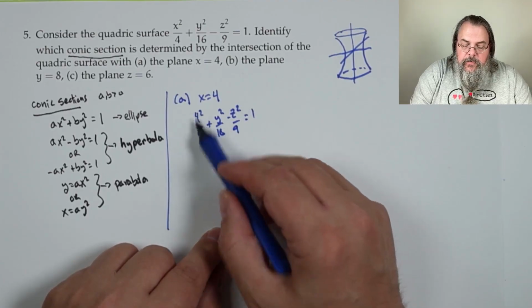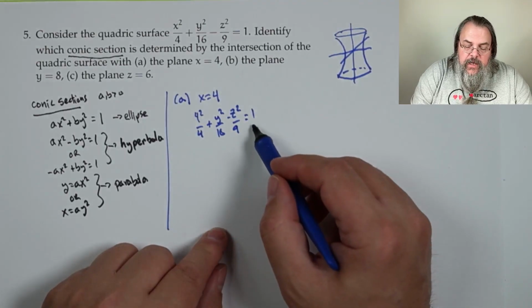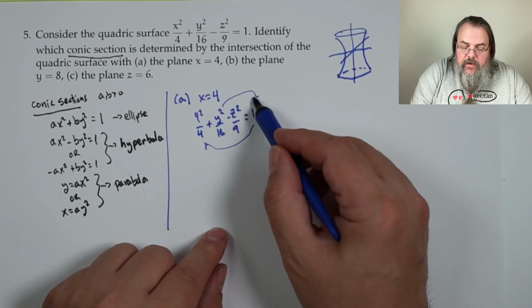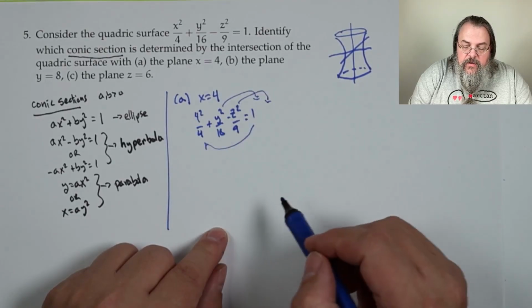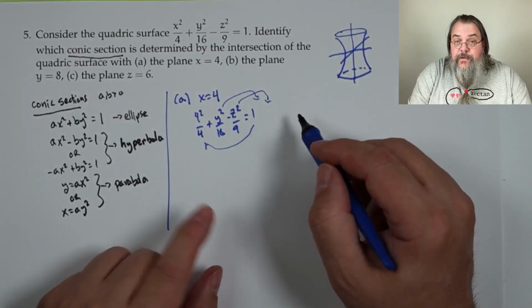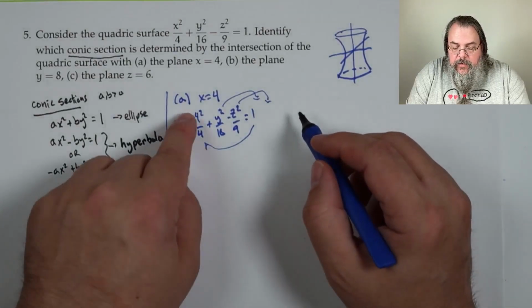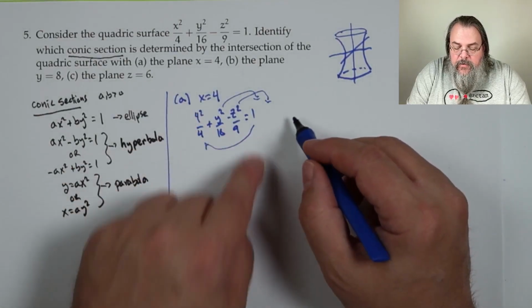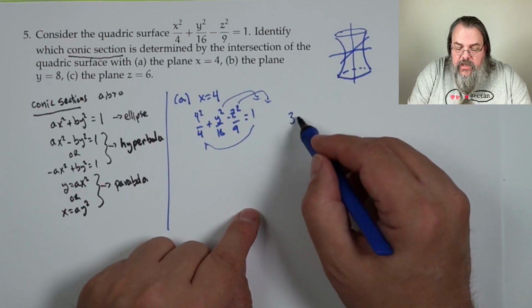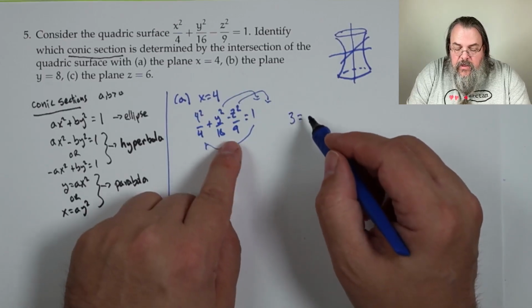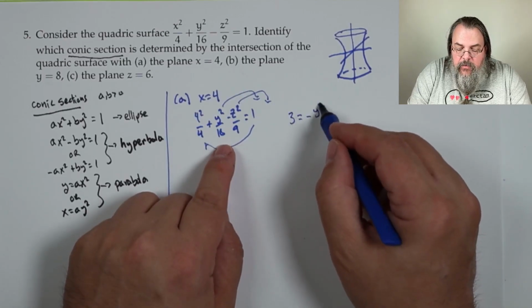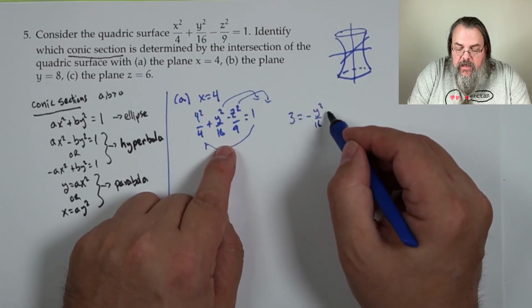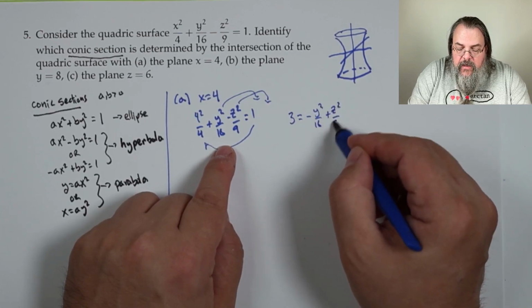Now 4 squared over 4 is 4. Now you can rearrange, you can move the numbers and variables around, and if you do that, you get the following. This will be 4 subtract 1 makes 3 is equal to, and here minus y squared over 16 and plus z squared over 9.